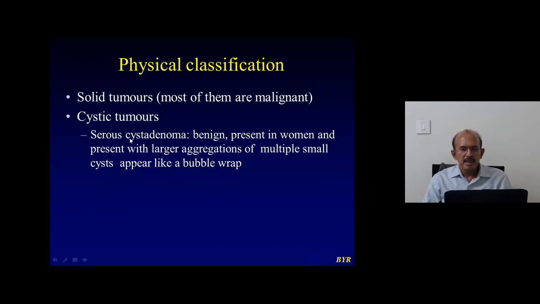They are serous cystadenoma. Already I told you, it is benign, present in women, present with larger aggregations of multiple small cysts, appear like a bubble wrap.